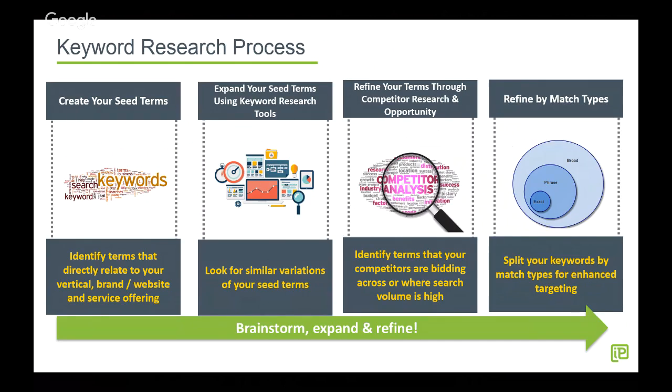Then we'll look at a few different methods on how we can expand those initial terms, looking through a few tools. And then we'll finish off by looking at how we go about refining those terms and picking what we want. So looking at things like what our competitors are targeting, where that opportunity is in terms of demand, and then looking at match types. Should we be doing broad, phrase or exact match in terms of targeting?